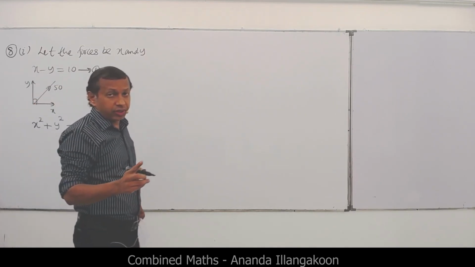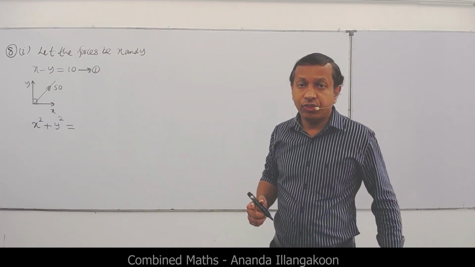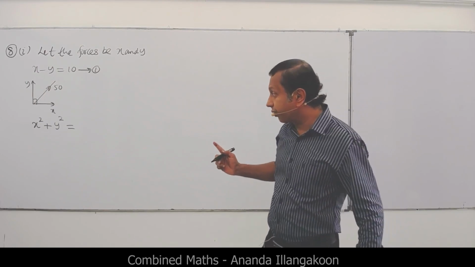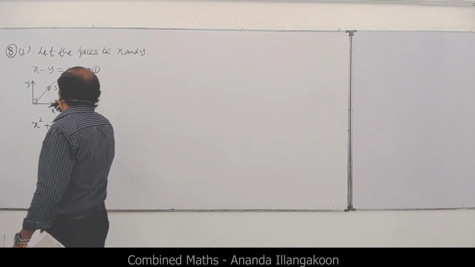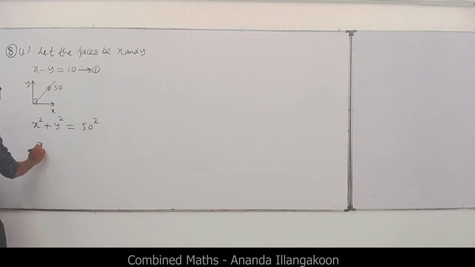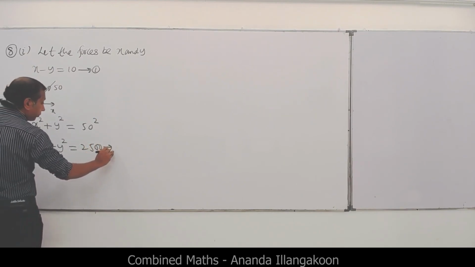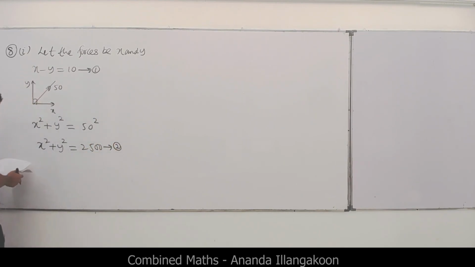Square of the resultant of two perpendicular forces is given by the sum of the squares of the two forces. x squared plus y squared should be equal to the square of the resultant force, 50 squared. Then we get x squared plus y squared is equal to 2500. Number 2. Now we have to solve 1 and 2.